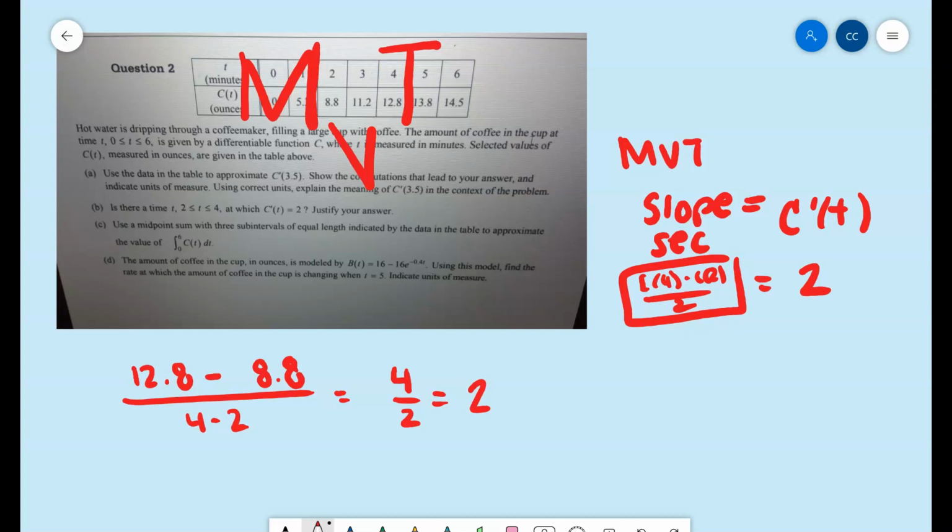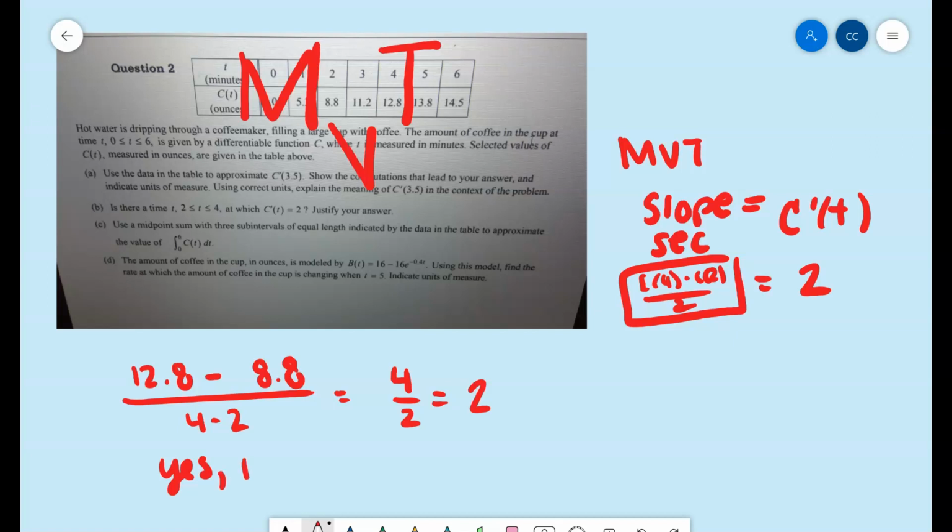So, because it is a continuous closed interval, asking if the slope of a secant equals a derivative, it is an MVT. So it says, is there a time? The answer is yes. How do we know?